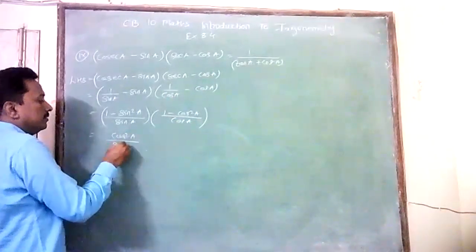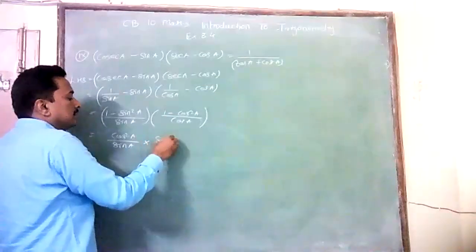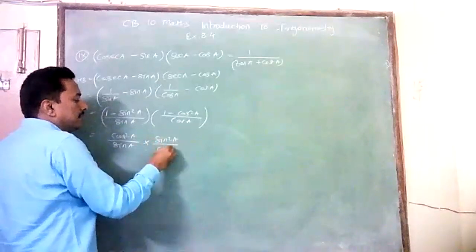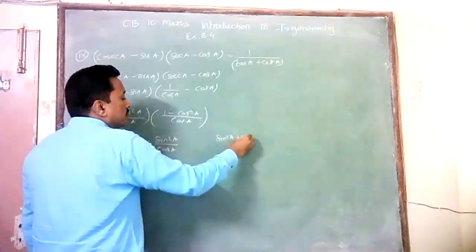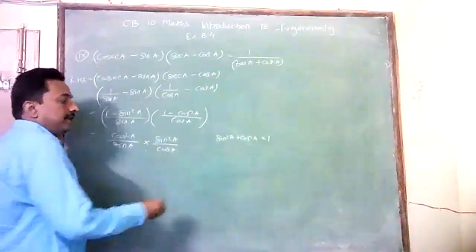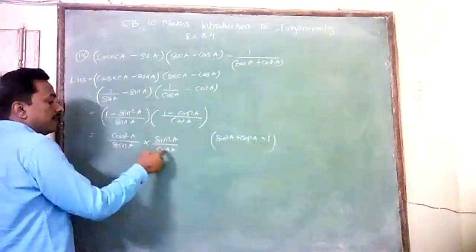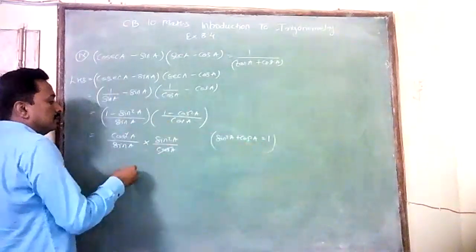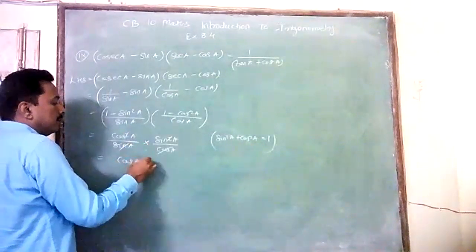We have identity 1 minus cos square A, sin square A. कौन सी आइडेंटिटी यूज की हम लोग ने: sin square A plus cos square A equal to 1. ये आइडेंटिटी मेन है, इसको हम लोग ने डिराइव करके दोनों किया. Now cos square and cos cancel, sin is cancel. We have cos A into sin A.